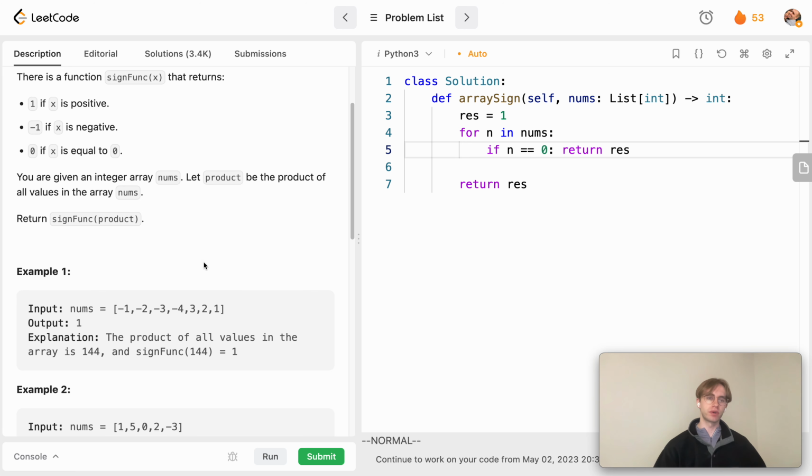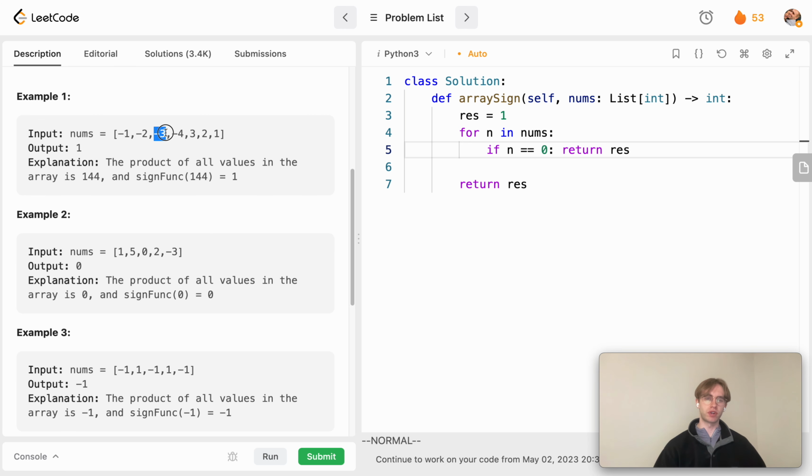And then otherwise, okay, we want to consider when we encounter negative, all that does is if the current running number is positive, it becomes negative, and if it's currently negative, it becomes positive. So it inverts the running sign. So maybe this is a better word for it.